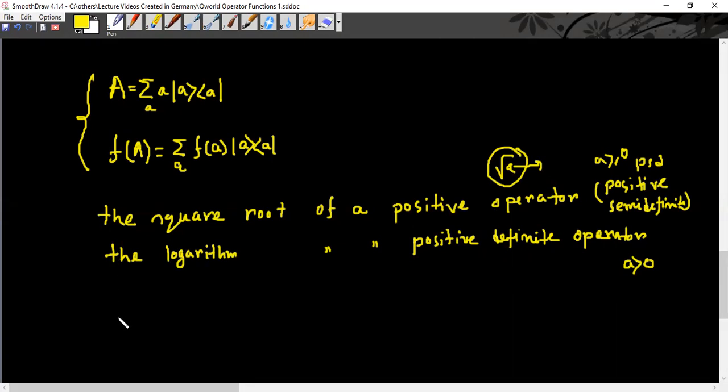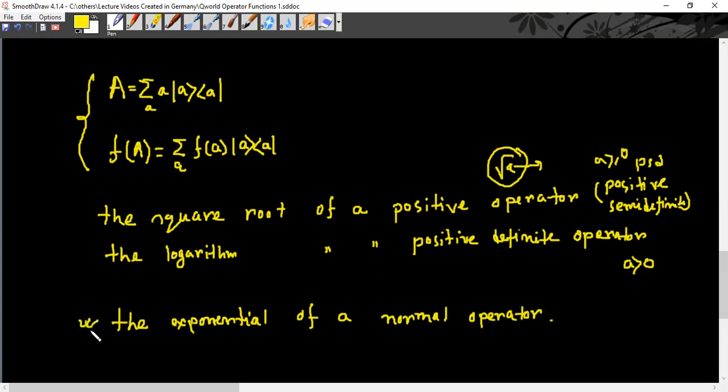And also this procedure can be used to define the exponential of a normal operator. This particular example is given in the text, and these two examples are given in the form of an exercise. So here in this video, I'm going to discuss this.